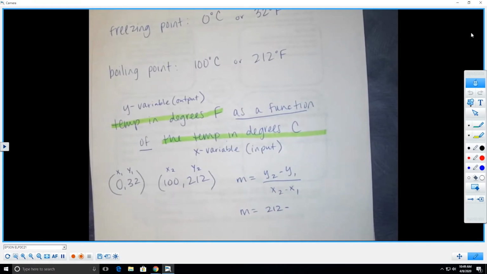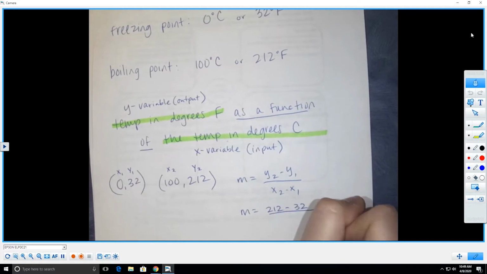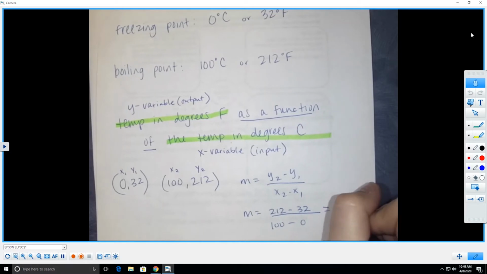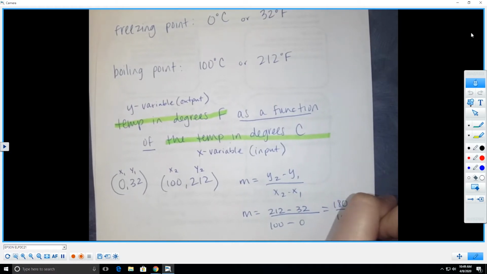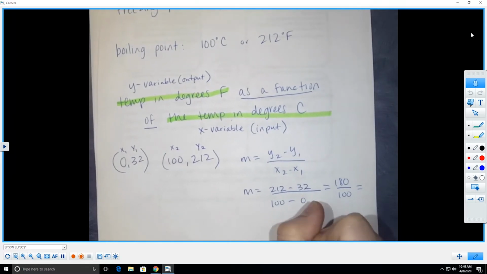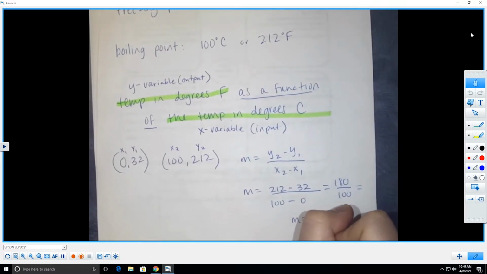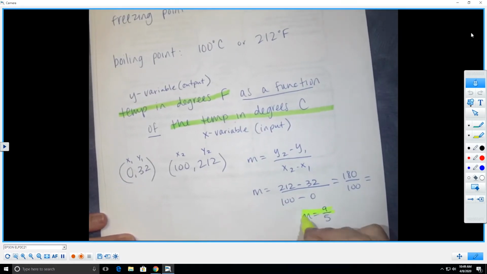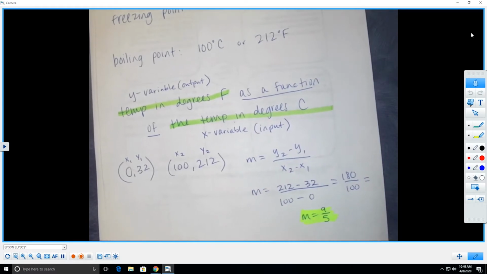My y1 value is 32. My x2 value is 100. And my x1 value is 0. So I get 180 over 100, which simplifies to 9/5. So my rate of change, or my slope, is 9/5.